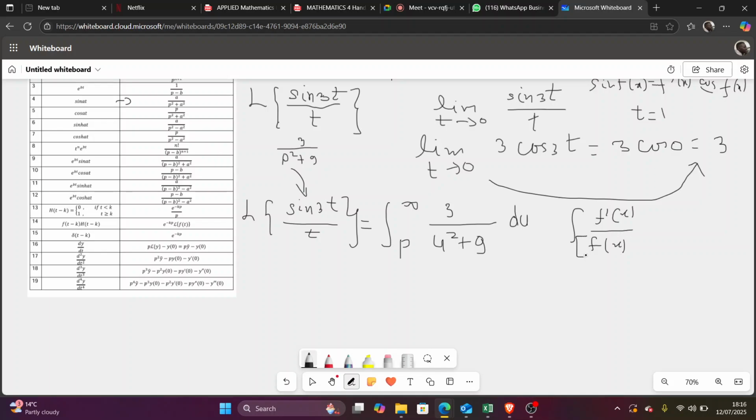The formula is there, number 26. It is there on the formula sheet, and this formula sheet is usually given.